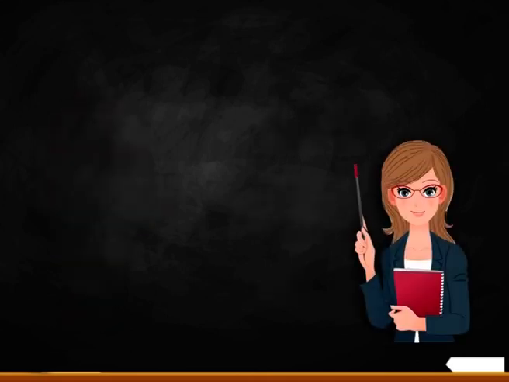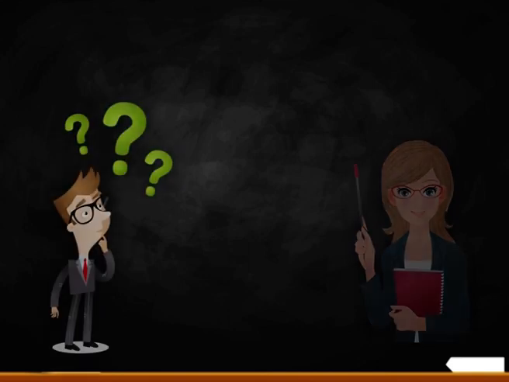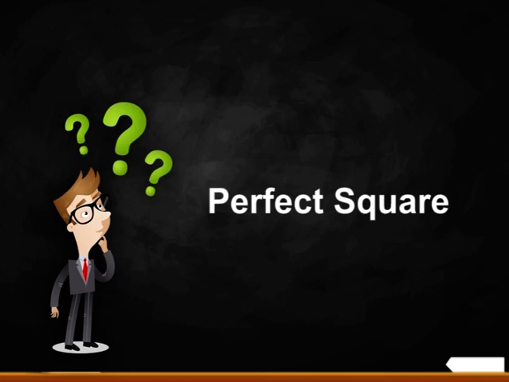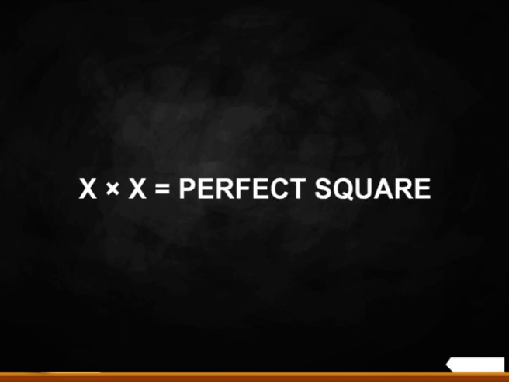But before moving further, you all must know the meaning of perfect square. Let's discuss. A perfect square is the result of multiplying a given number by itself. In other words, it is the product of the same integer with itself.